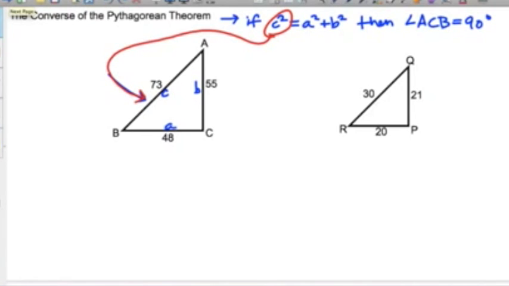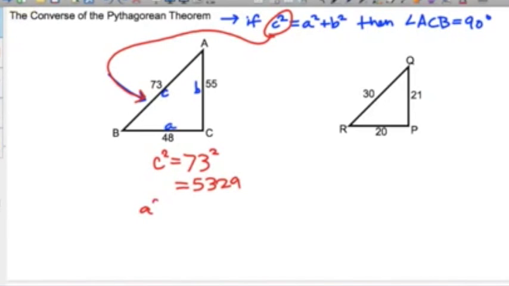All right. So C squared equals 73 squared. 73 squared equals 5,329. I did it all in my head, just right now.